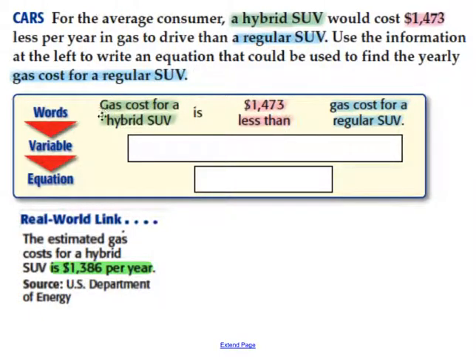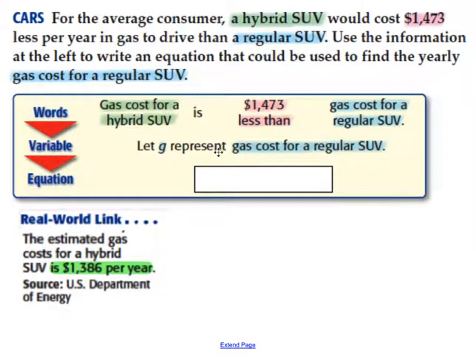So in words, we have the gas cost for a hybrid SUV, and that's right down here in our paragraph. It's $1,386 per year. And then we know the gas cost for a regular SUV is what we're looking for. It says find that. And we know it's going to be $1,473 less than our hybrid SUV. So let's go ahead and substitute some values.